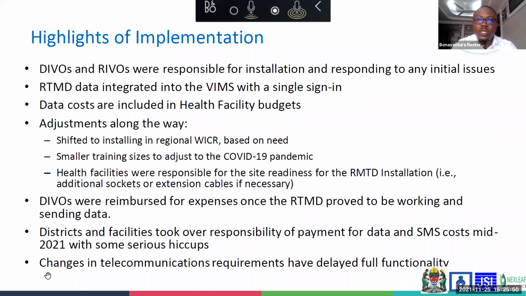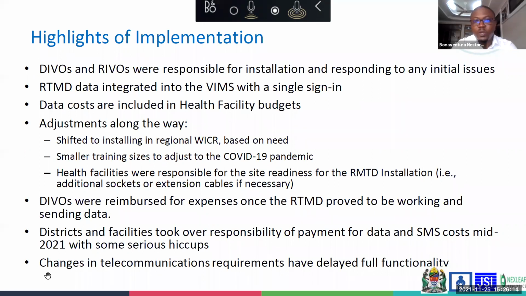And one thing we had to do is to ensure that once the device is working and sending data, only then were the DIVOs reimbursed for the expenses they incurred. The district facility took over responsibility of payment for data and SIM cost, as I said.